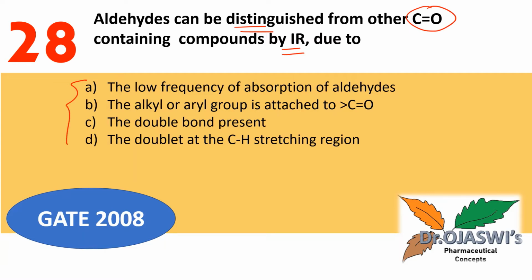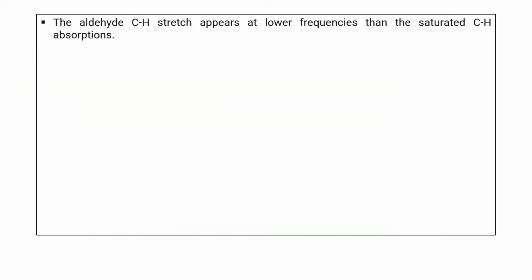So let us see. The aldehyde carbon hydrogen stretch appears at lower frequencies than the saturated carbon hydrogen absorptions. The other carbon hydrogen absorptions, that is CH stretching, appear around 3000 centimeter inverse.